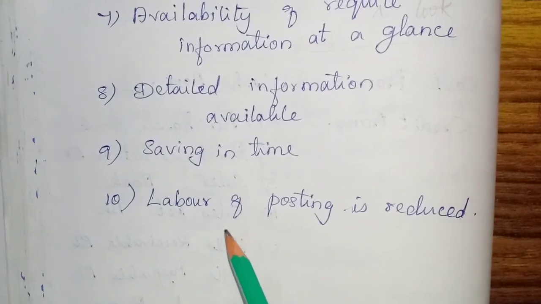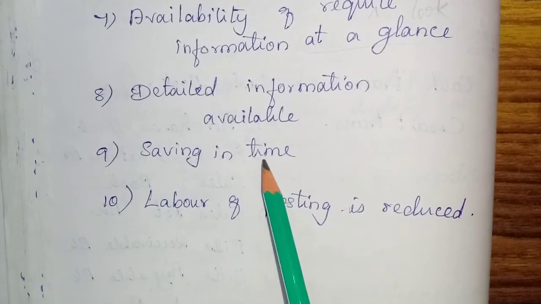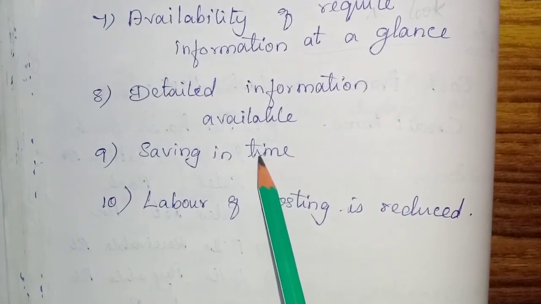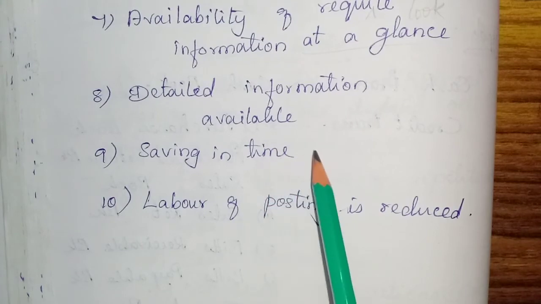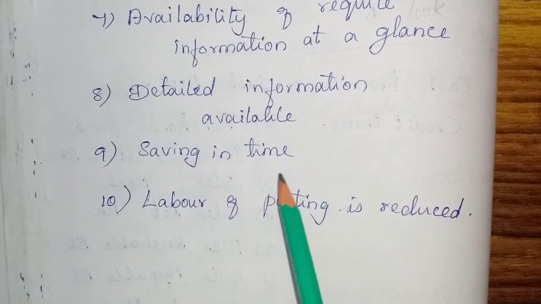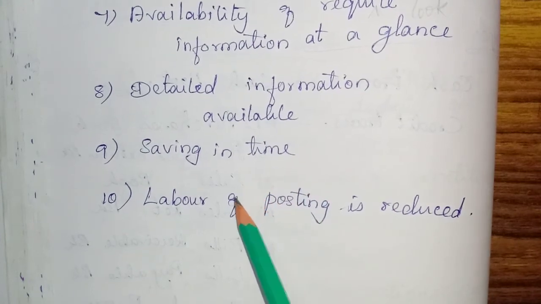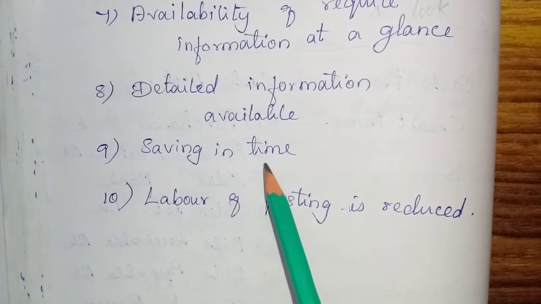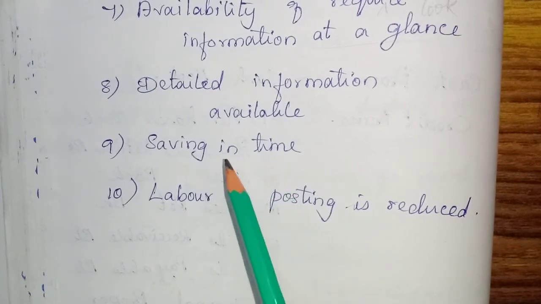We enter in the subsidiary book and next post the total directly to the purchases account and the creditors account. So instead of preparing journal entries, we enter in the subsidiary book. That saves a lot of time of the accountant or the clerks engaged in this work.